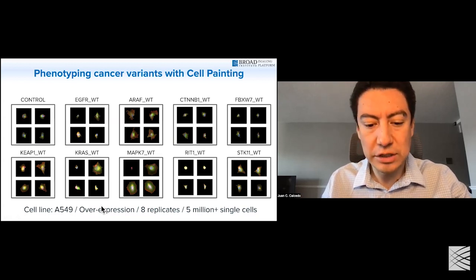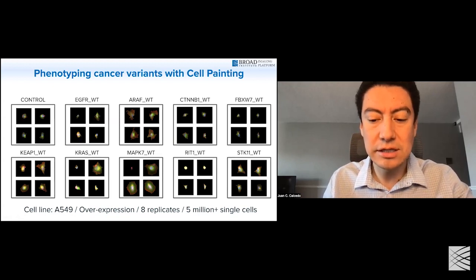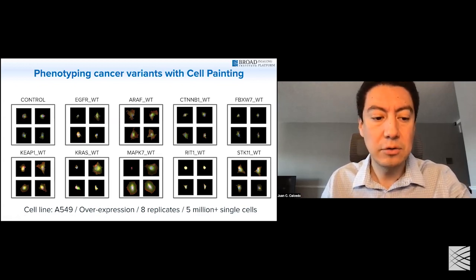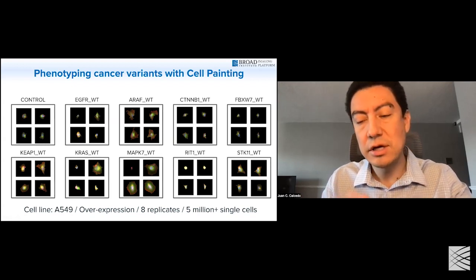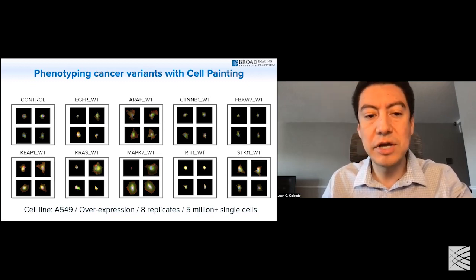This was a high throughput experiment using overexpression. And for each of the variants, we used 8 replicates. In total, the dataset has more than 5 million single cells that we were analyzing in order to find differences between the reference genes, which are also known as wild types, and the variants that we are studying in this project. So here are some example cells taken from the wild type samples for some of the genes included in this study.